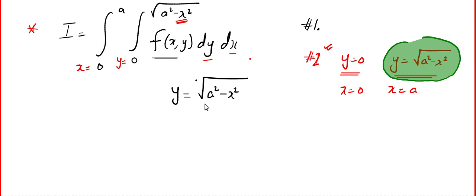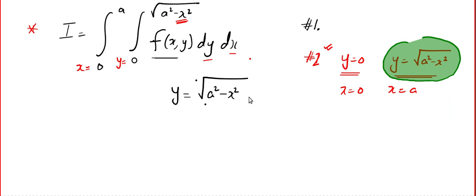Manipulate in the sense, you can square on both sides, you can cross multiply, you can play with it. And trust me, once you do that, you will get the standard equation of a curve. Maybe it will be a parabola, which you learned in class 12. Maybe it will be an ellipse, maybe a circle, maybe a line.